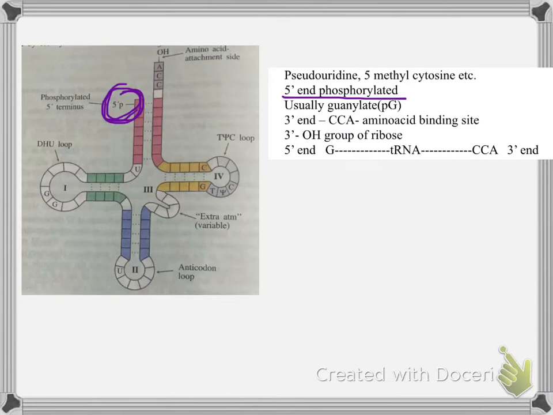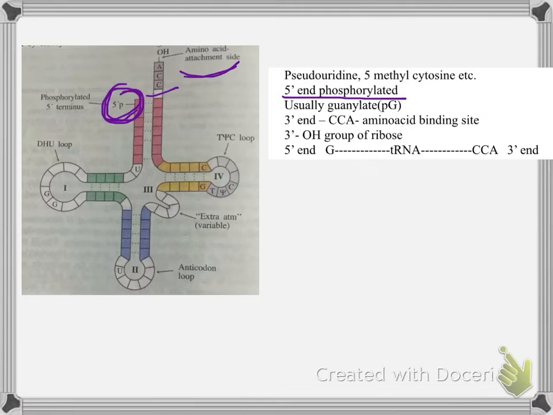The 3' end is CCA, and to the 3' of the ribose the amino acid binds in protein biosynthesis.